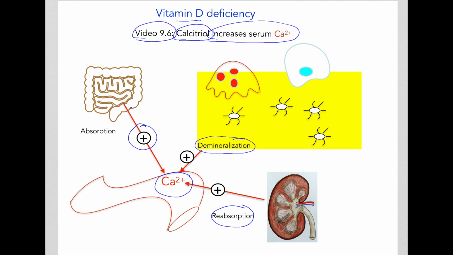So all of these effects are to increase serum calcium. So clearly, if there is, for whatever reason, a deficiency in vitamin D, that is going to lead to a reduced level of serum calcium, what we term as hypocalcemia.